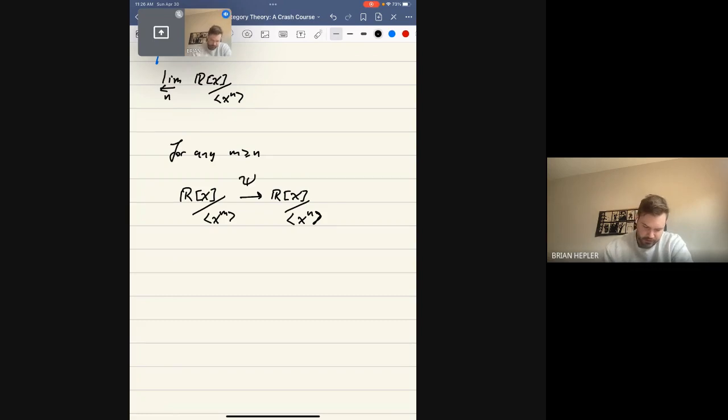I'll call this psi sub mn. What we're doing is sending some element f of x plus x to the m, which is what the general element of this quotient looks like, to f of x plus x to the n.